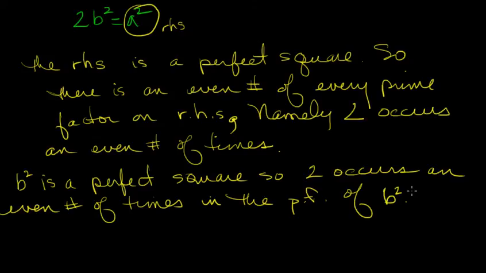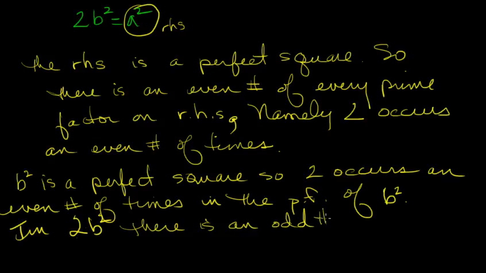But if that's true, then if we write 2b squared, in 2b squared, how many prime factors do we have? If b squared has an even number and we put one more in, we multiply by one more factor of 2, in 2b squared, there is an odd number of 2's.